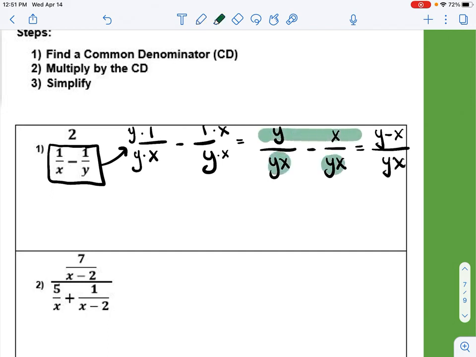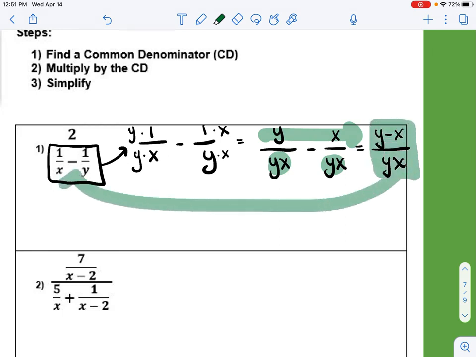Because we have common denominators, you can just subtract straight across, like we saw above. Okay? So from here, this is my new denominator. It is equivalent to what is written in this box. It is just under 2. Okay? So now we have 2 over y minus x over yx.